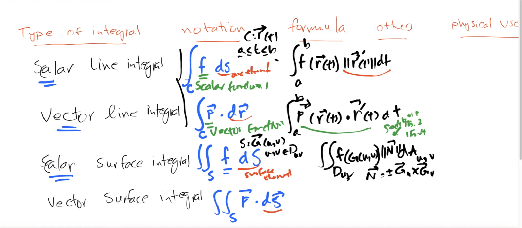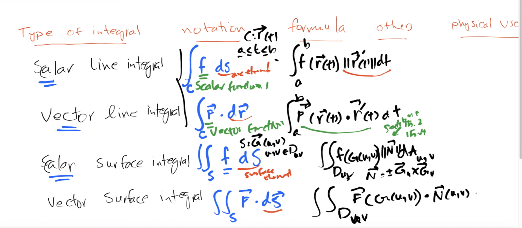And now the last piece is this one, and that is the double integral over U and V. Now parameterize the vector function F at G of U and V, and then dot N of U and V, dA of U and V. So this is either du dv or dv du.